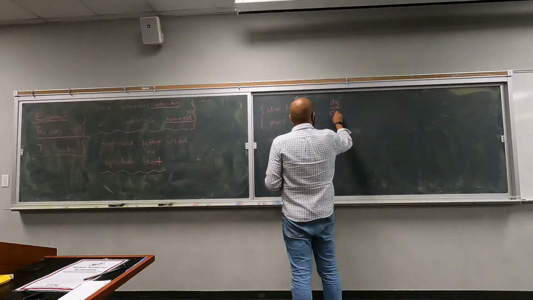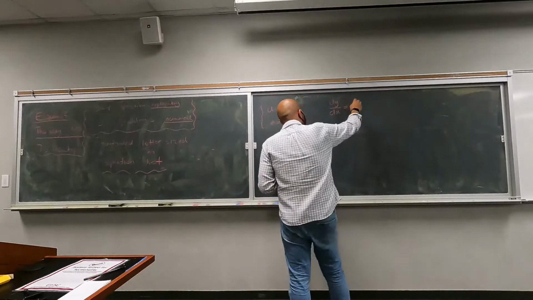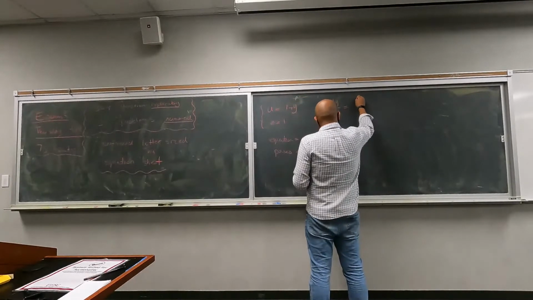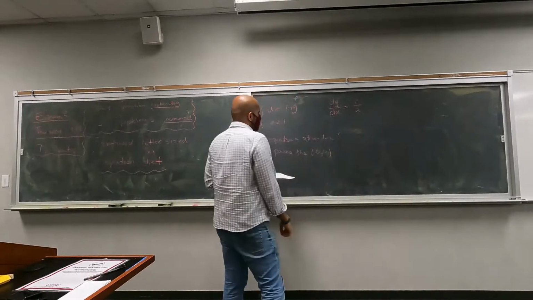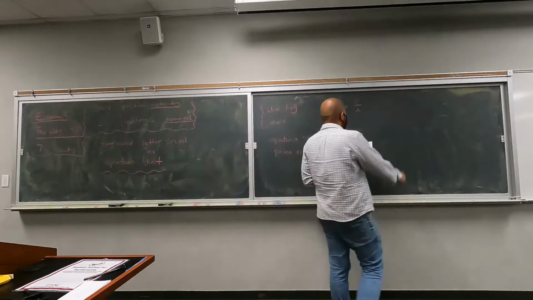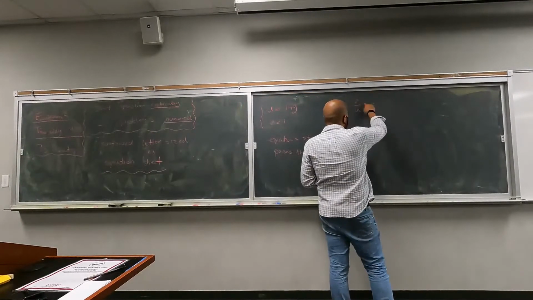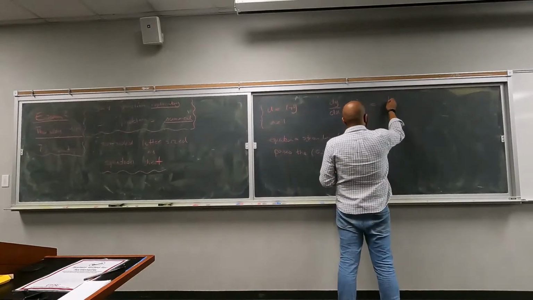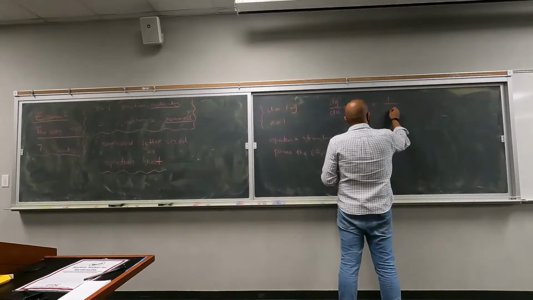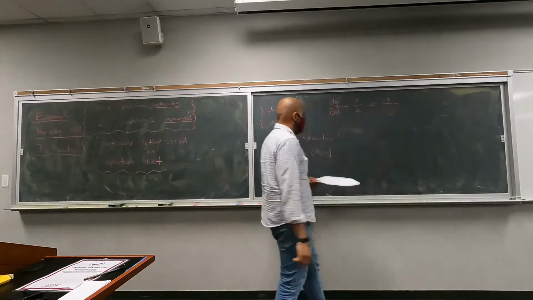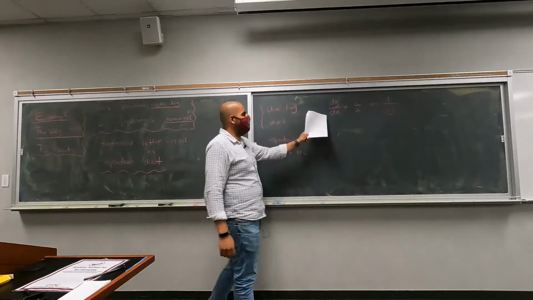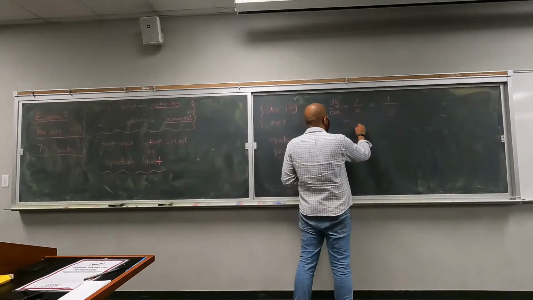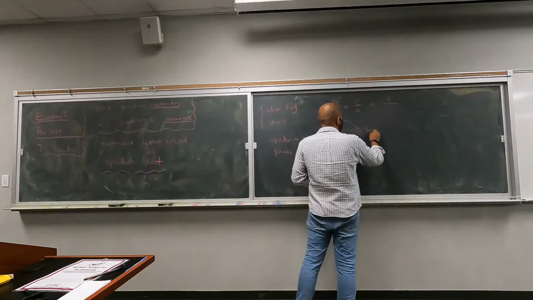So dy dx equals v divided by u, right? So with the two velocity components, v is 1, divided by 1 plus y. So this is the slope of the streamline.